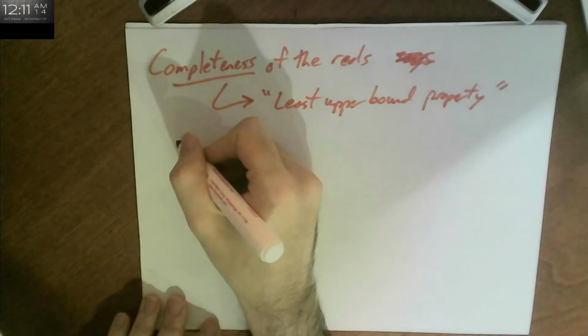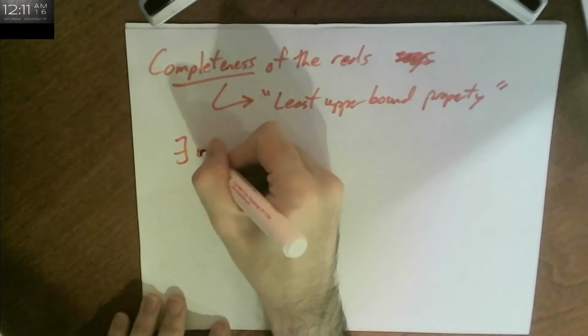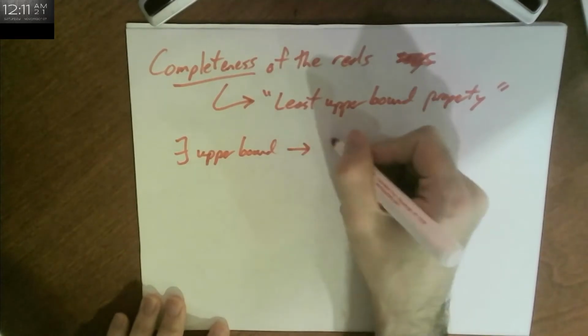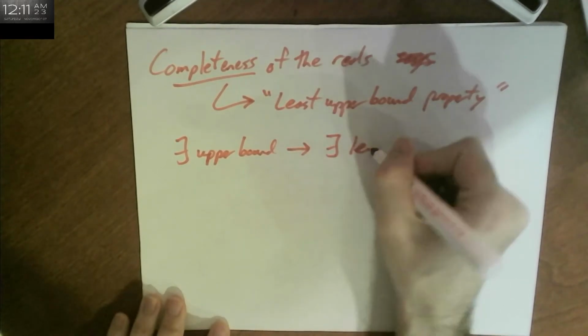And what that property says is, if there exists an upper bound, then there exists a least upper bound.